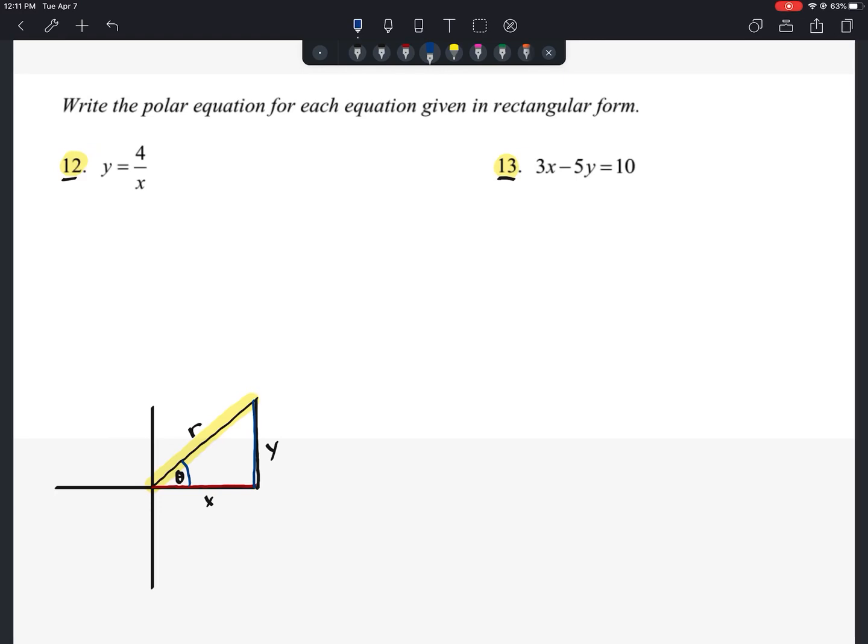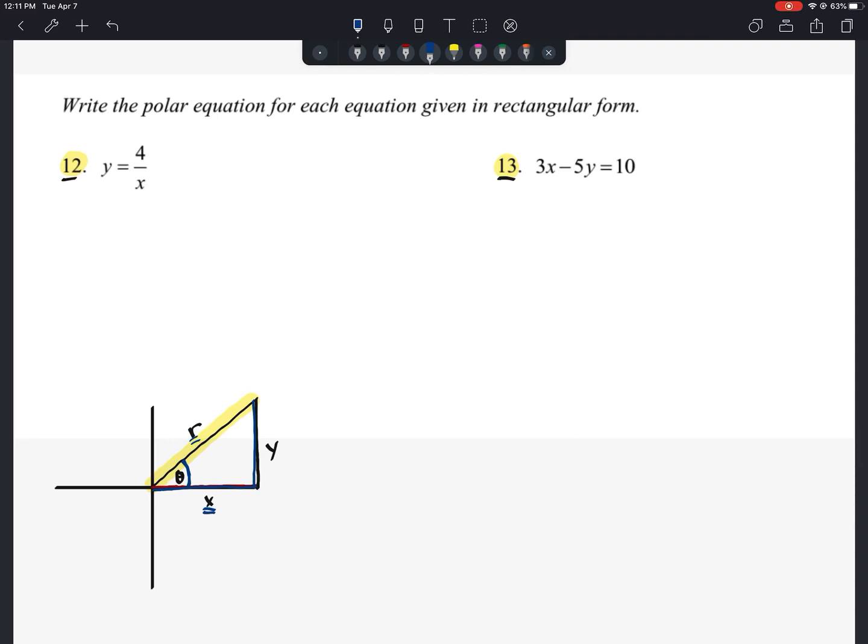Let's start out here with x. If I wanted to come up with an expression for x using what we have down here, we know the relationship between x and r. When we compare it to theta, x is the adjacent side and r is the hypotenuse.